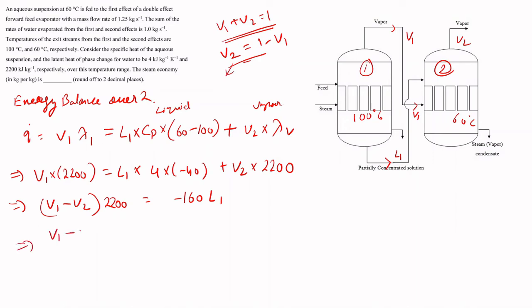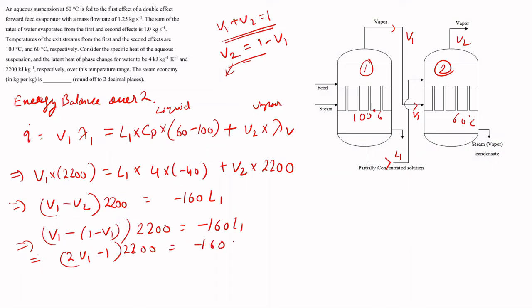It will become V1 minus of 1 minus V1. So this will become 2V1 minus 1 into 2200 is equal to minus of 160 into L1.